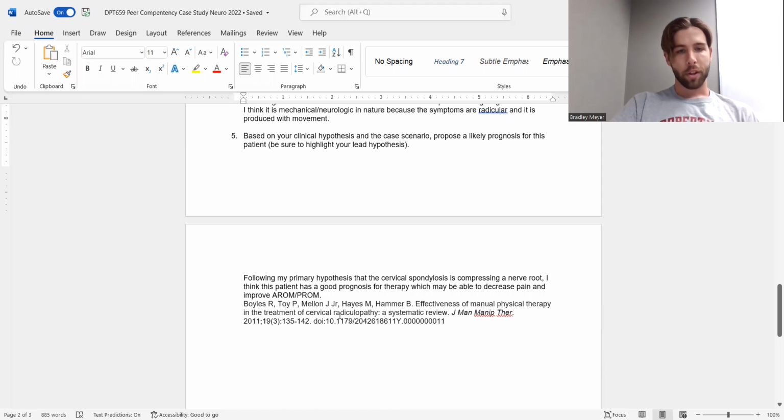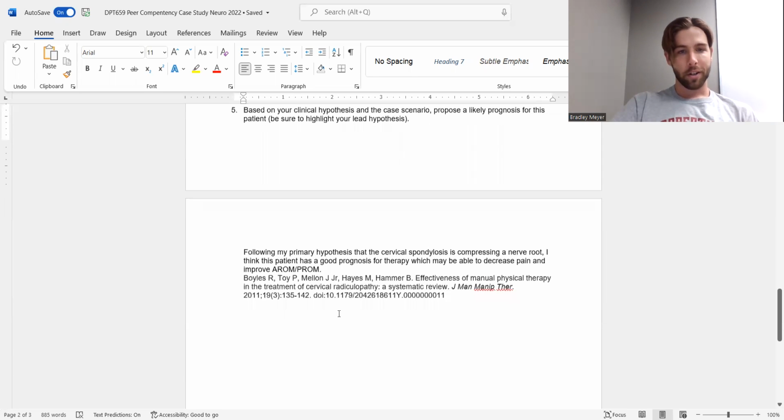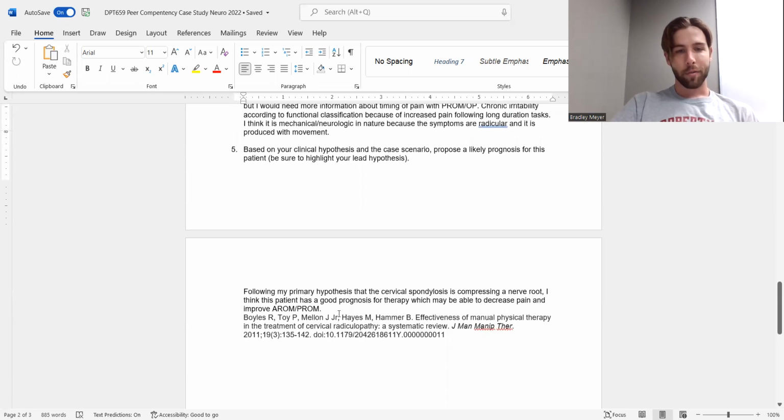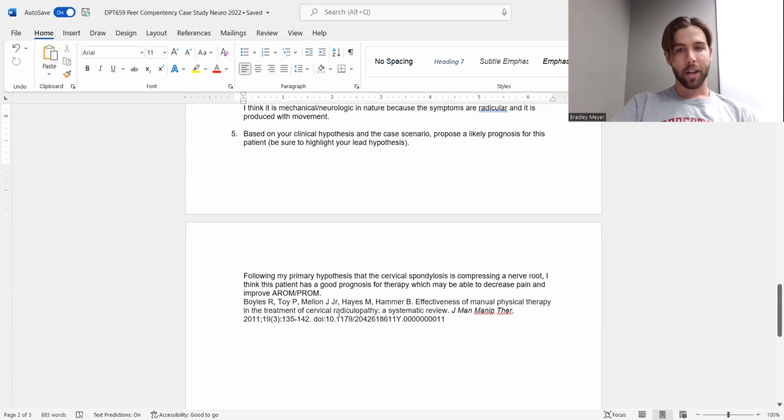This is an article I found that provides support that physical therapy is effective for treating cervical radiculopathy from spondylosis. To be honest, I didn't look through it in too much detail, but from what I did read, it sounded like physical therapy could help this person out.